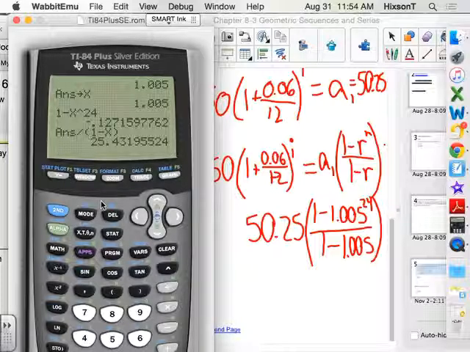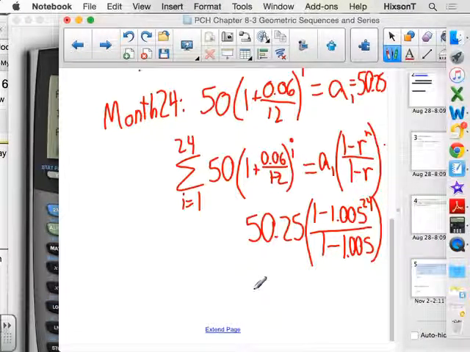All right. So 25.43 is what we got here. You don't need to worry about it, because I just hit X and enter and it says 1.005.